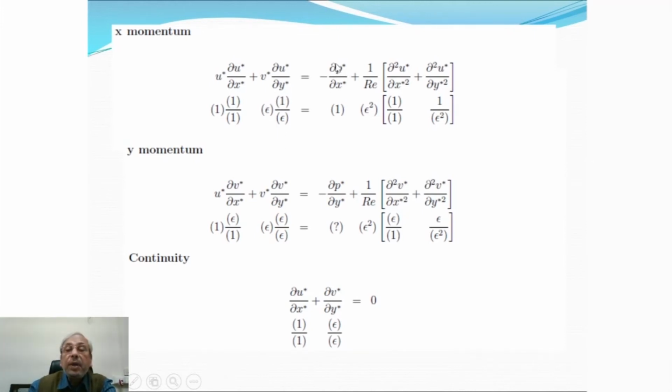This is of the order 1. And here, since 1 by Reynolds number is of the order of epsilon square, in the bracketed terms this is 1 by 1, and this term is 1 by epsilon square. So when we multiply, the first term becomes epsilon square, much smaller than 1, and can be dropped. The second term, after multiplication, is of order 1. So we will retain that.